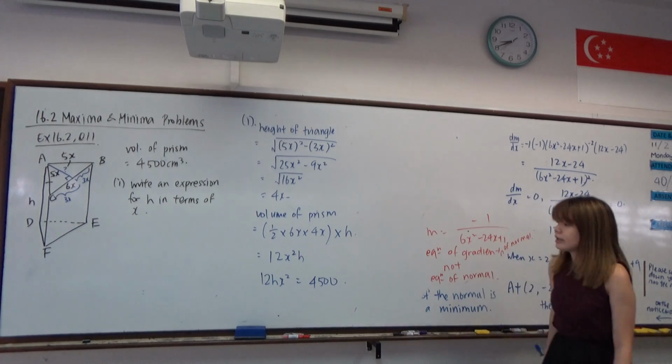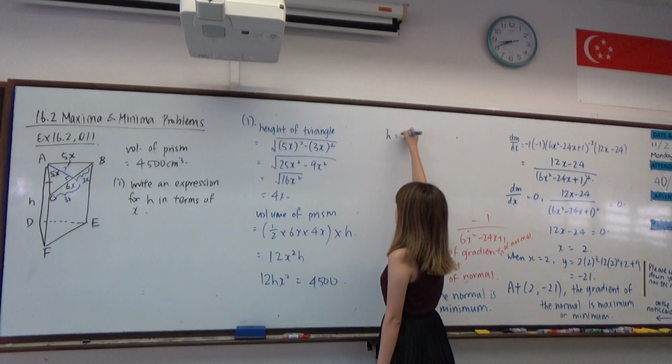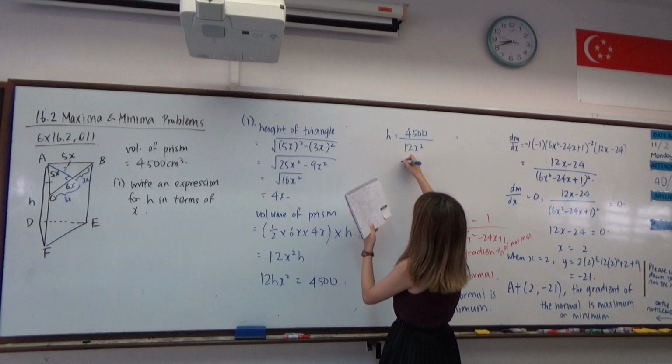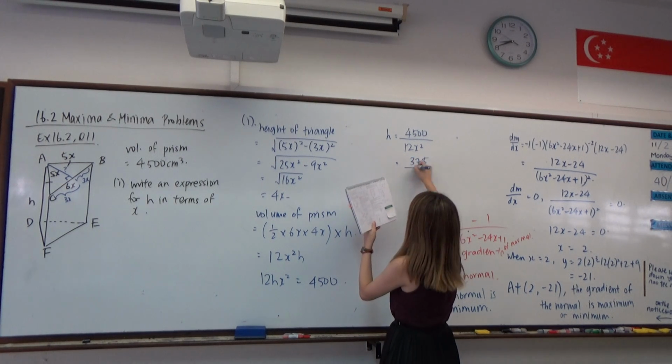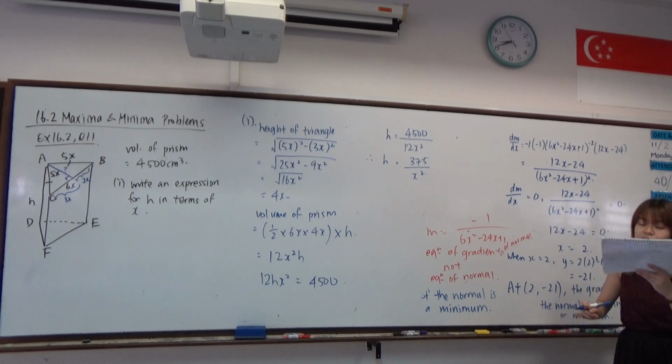Then we want h in terms of x, so we do some manipulations. So therefore h is equals to 375 over x squared.